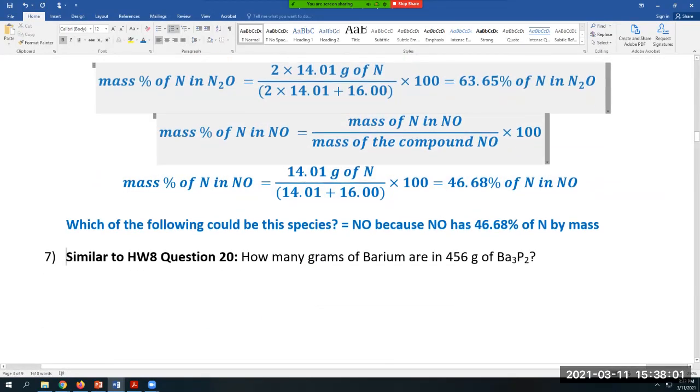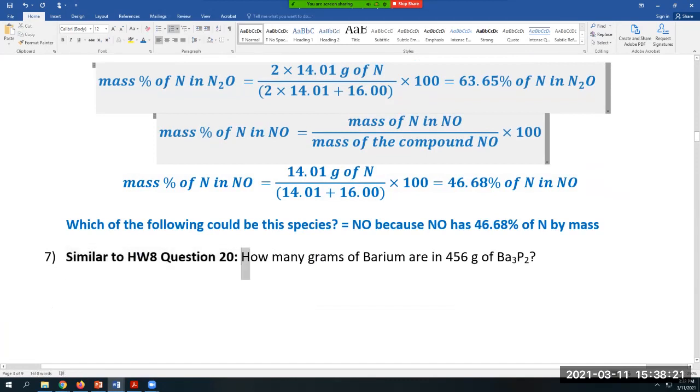Let's move on to question 7. And so here, this is similar to question 20 of your homework 8. So please use this as an example if you struggle with question 20 of homework 8 in Sapling.